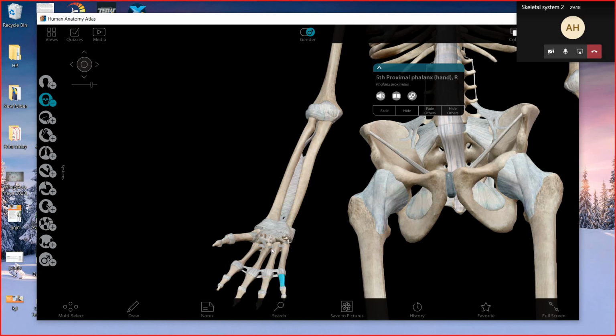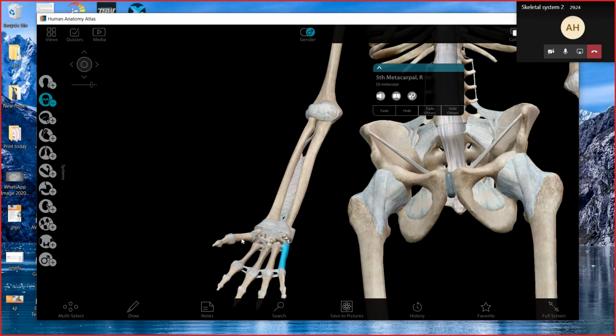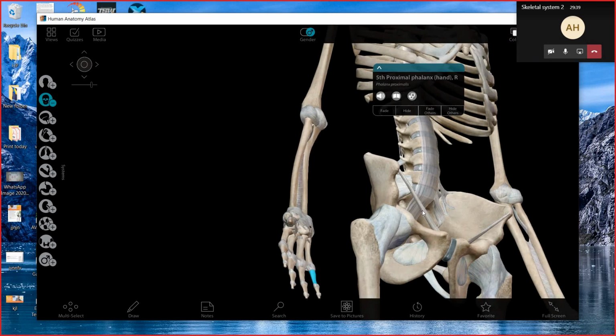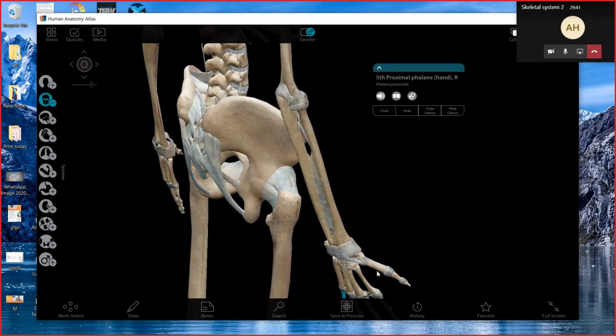Can you see here? There is a difference between the names of these bones. At the beginning of our fingers these are called metacarpals, and then these are called phalanx. So these are the bones of the arm.